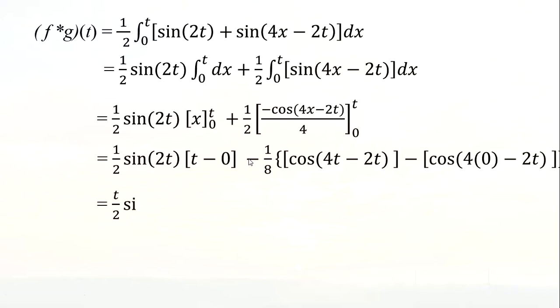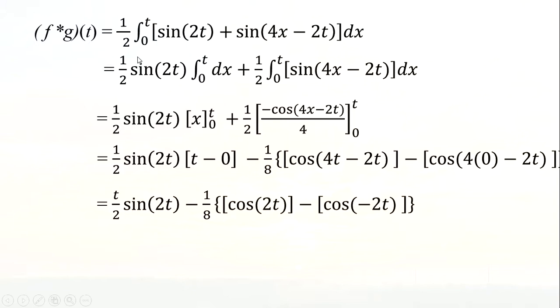Very few simplifications are left. Multiply t with 1, I make it t, and here minus 1 by 8, 4t minus 2t is 2t, and 4 times 0 is 0. We are having minus cos minus 2t, and you know that cos of minus 2t will be equal to cos 2t.